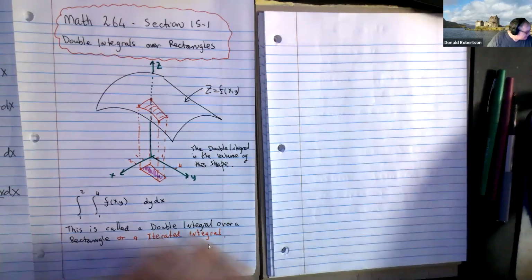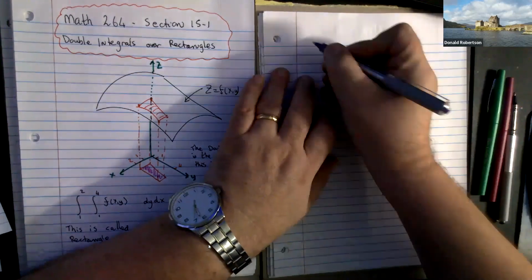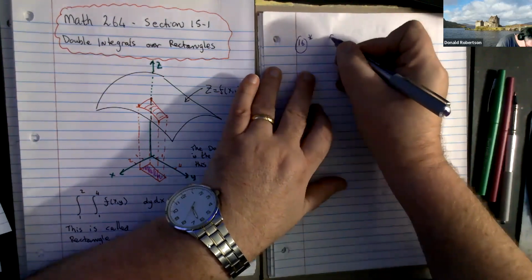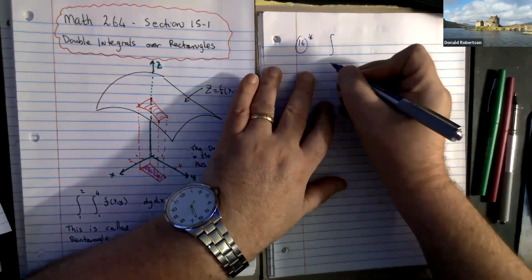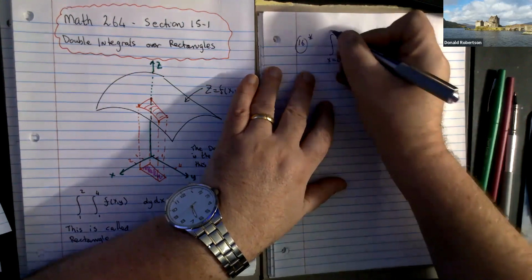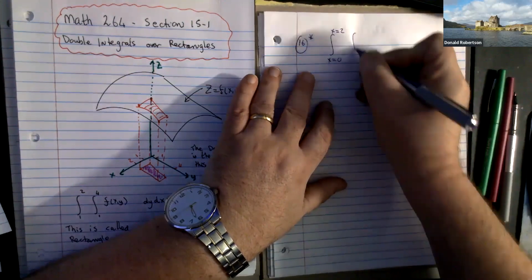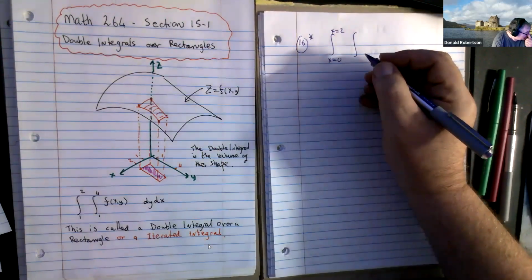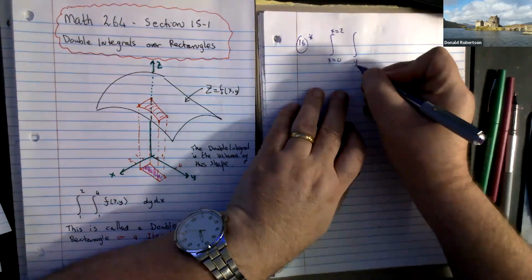Okay, and here is the next one. This is a version of 16. You're going to do x equals 0 to x equals 2. And you are going to do y equals 0 to y equals 5.